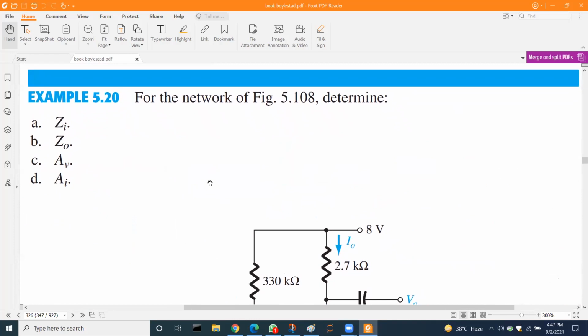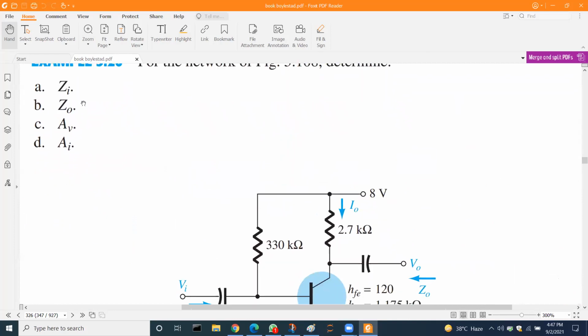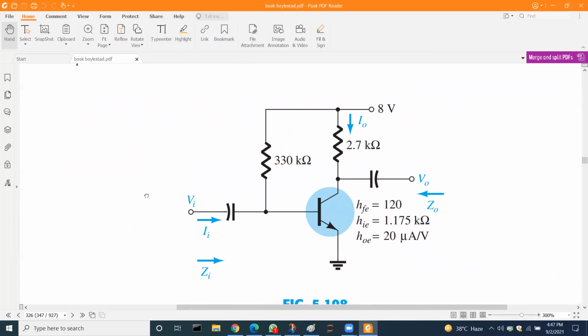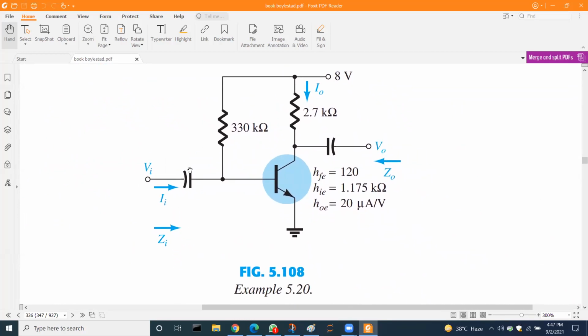Okay, this is the example. For the given network, find the impedances and the voltage gain. So as you can see, this is a fixed bias circuit, and many of the parameters are given. These parameters are given from the data sheet. As you can see, we can calculate the input resistance, H input. We have the value of beta. This is beta. With this value we can calculate R0, which is equal to 1 over H0.